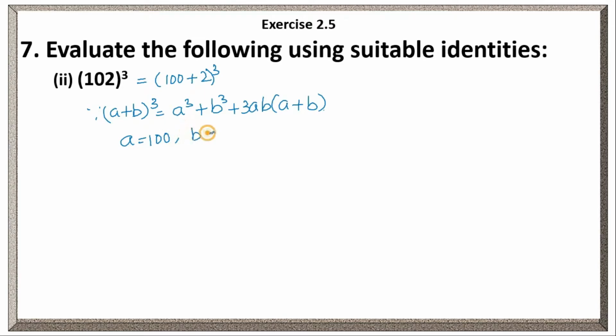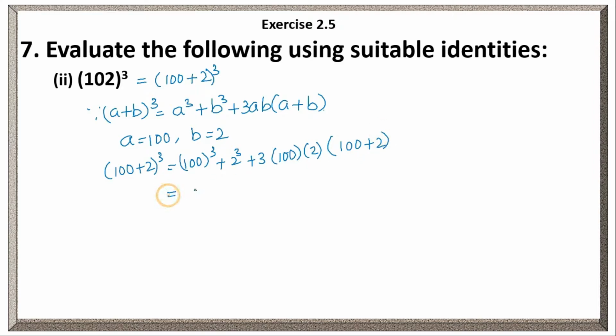In the place of b we have 2. Clear? Now substitute a and b values in the identity. (100 plus 2) whole cube equal to 100 cube plus 2 cube plus 3 into 100 into 2 into (100 plus 2).